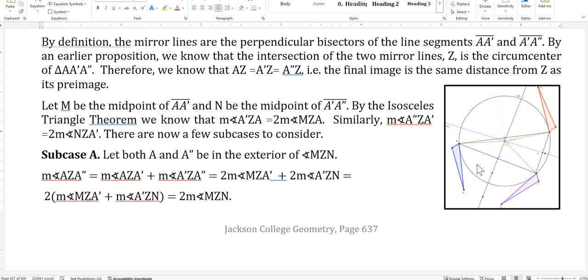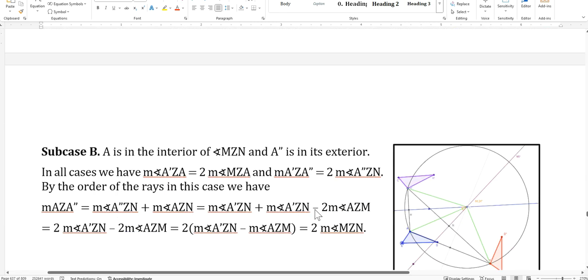So the angle from A all the way to A double prime is actually twice the measure of the angle here. Okay, that's what we want to show happens every time. So we've got it. This is actually the easiest case.